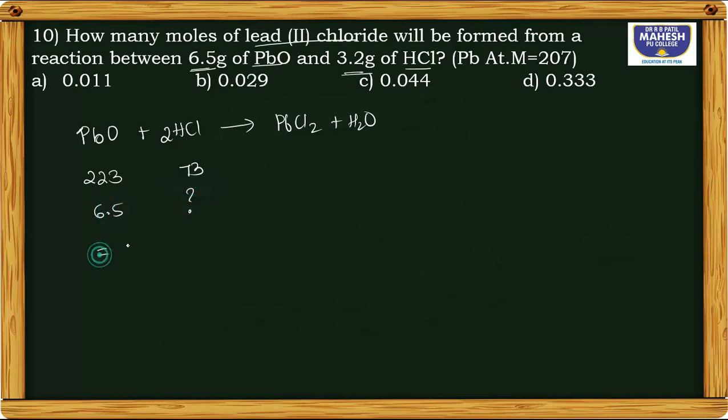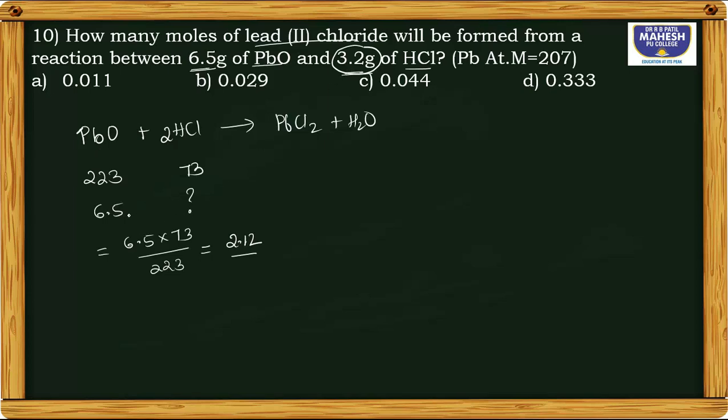Let us do this first: 6.5 into 73 divided by 223. If I solve this, the answer I am going to get is 2.12, students. But the given HCl is 3.2, that means what? HCl is in excess, and it is not the decider of how much lead chloride is going to form. So who is going to decide?